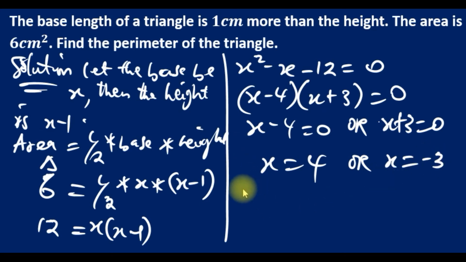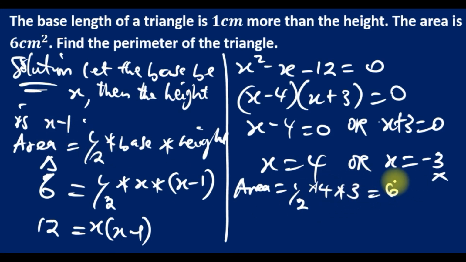But remember, we're asked to find the perimeter, but we are not given the third side. Common sense tells us that since area is half base times height, we won't take the negative base. Half base times the height, 4 times 3, is 6, which implies that this is a right angle triangle.